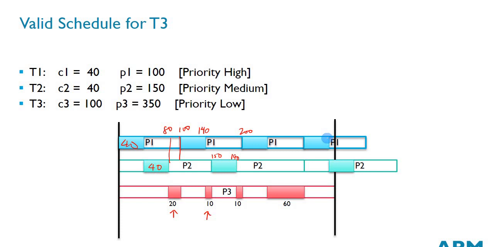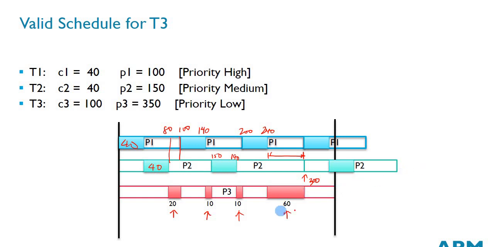So at this point, there's again another 10 units of time. Task 1 will finish at 240, and task 2 will only become ready over here when it's 300. Until then, the CPU is free. So this 60 units of time is available for task 3 to finish.